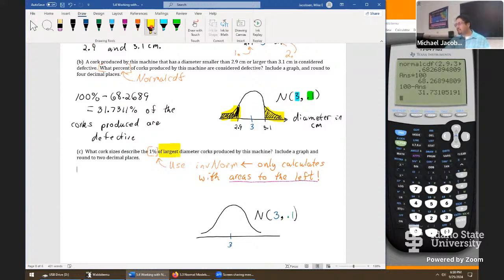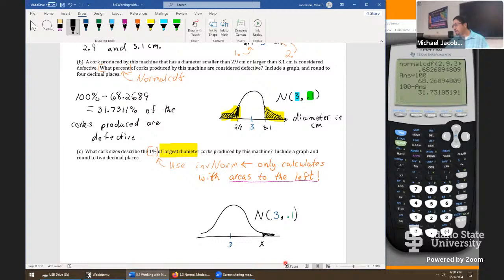Now, because it said largest diameter corks, we're taking the 1% and putting it on, this time, the far right tail. If it said smallest diameter corks, we would have put it in the far left tail. So let's draw this out maybe a little bit further. Put a value here, call it X, K, A, B, anything you like. I'm a fan of algebra, so I'll call it X to remind us we're solving for X really in this kind of problem.